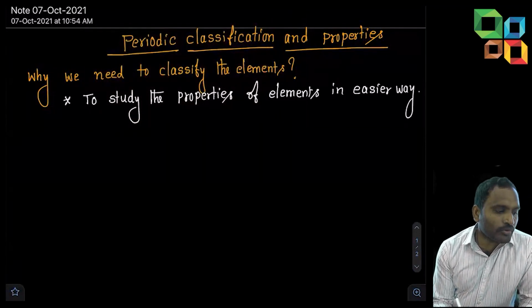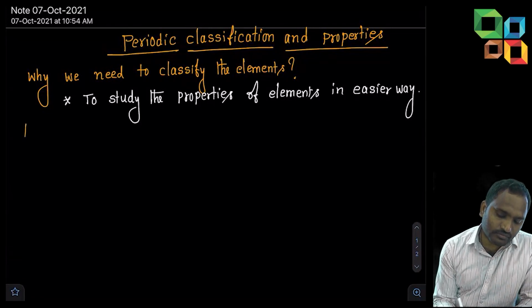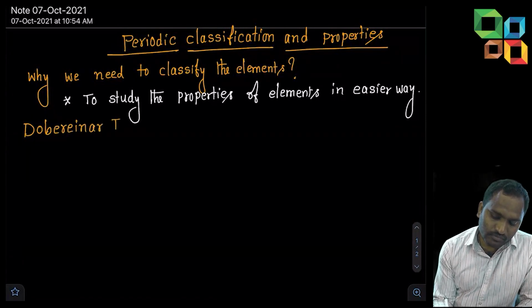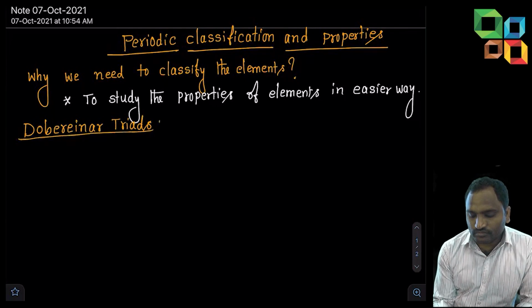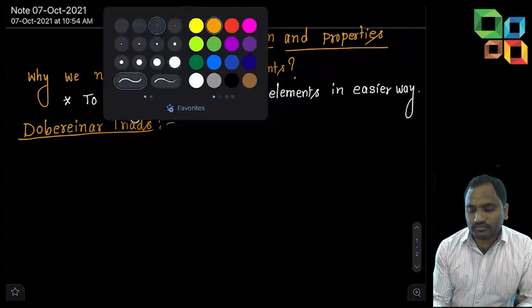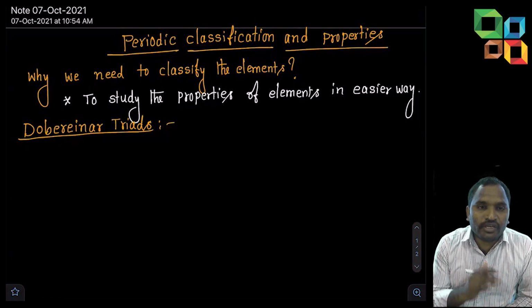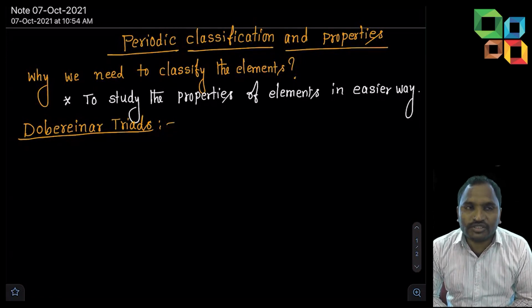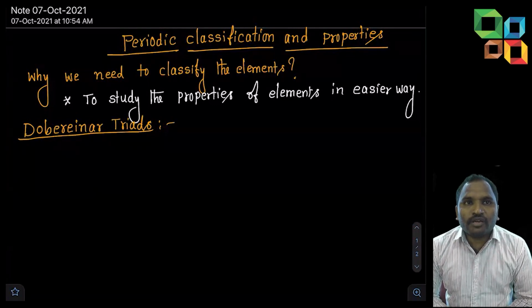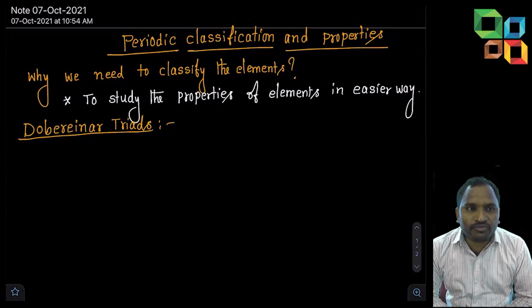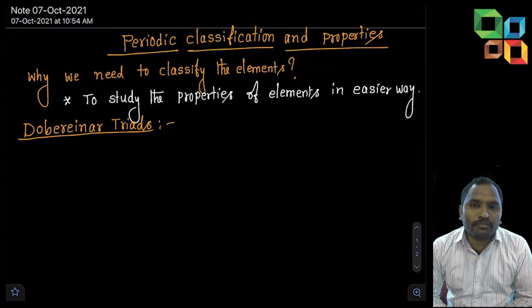First one, Dobereiner triads. According to Dobereiner triads, if we arrange elements in increasing order of atomic weights, the average atomic mass of the first and third elements is equal or approximately equal to the atomic mass of the second element, or middle element.